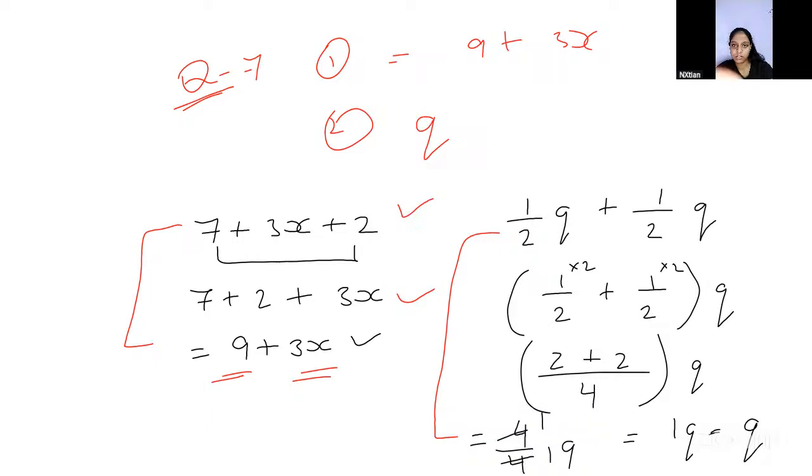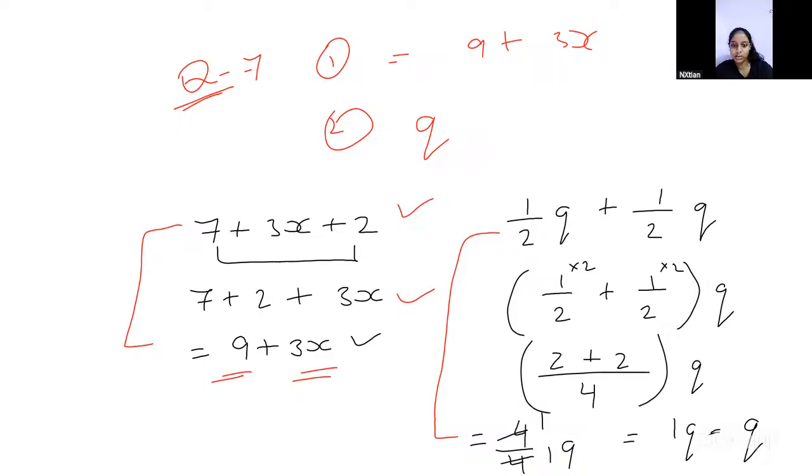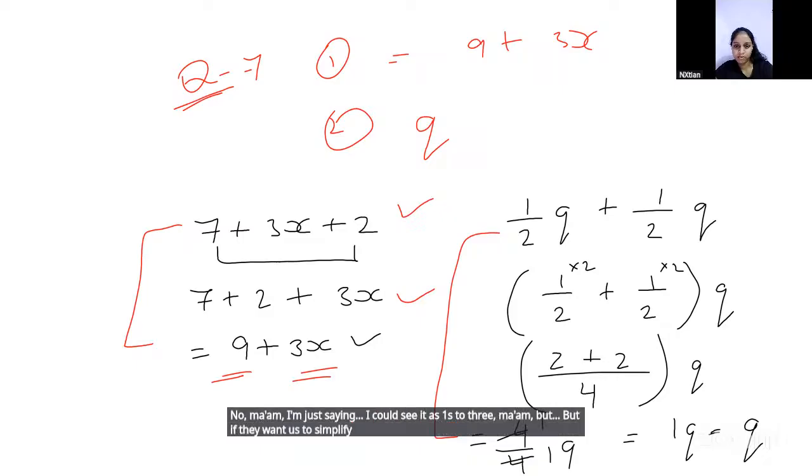I can say it as 25 and 75, or I could say it as 1:3. Ma'am, if they want us to simplify 2.5 and 7.5, that's not possible.